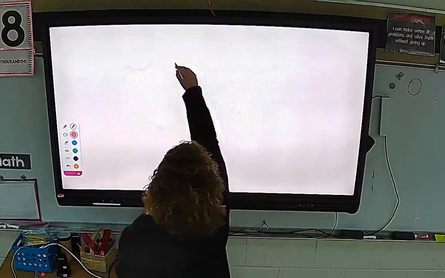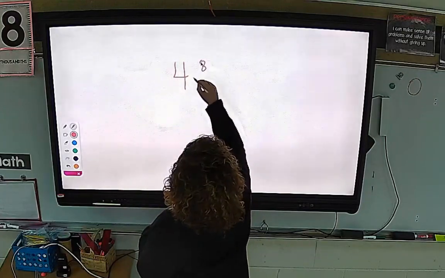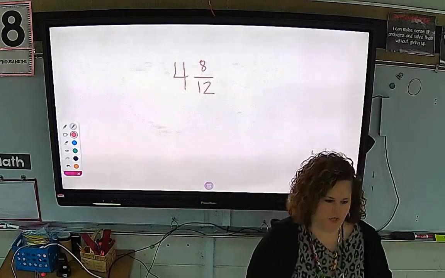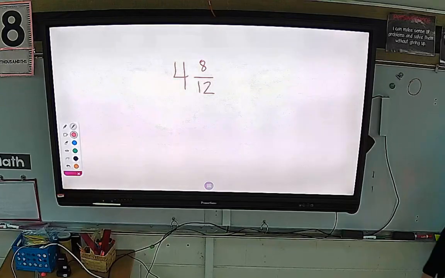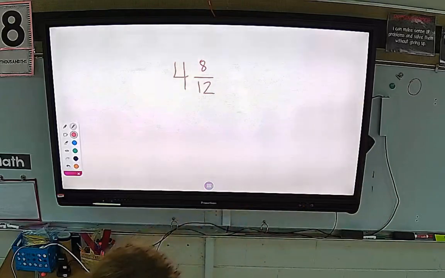If I gave you this fraction, and asked you to change it to an improper fraction, okay, take a second to do that. This is a mixed number.